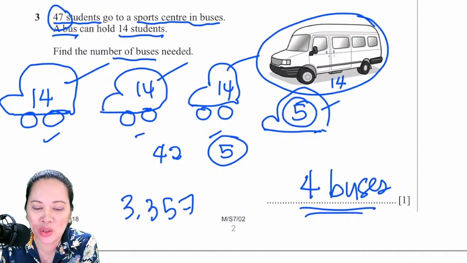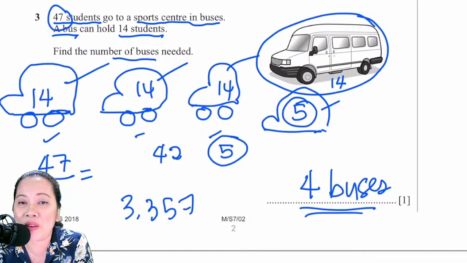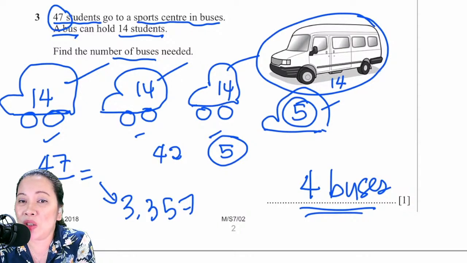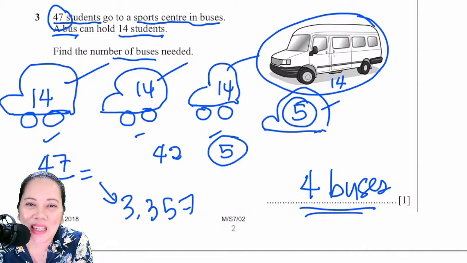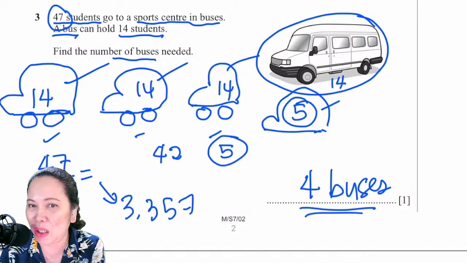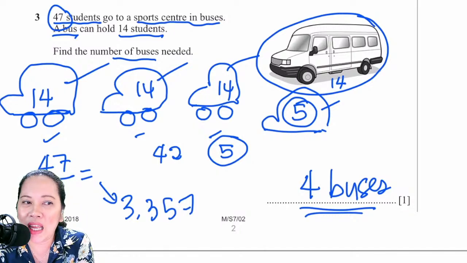That's why when you divide 47 by 14, you will get 3.357. That means that you have to round it up to a whole number, because people cannot be in decimal, or your boss cannot be in decimal. Can I have 3.357 bosses?